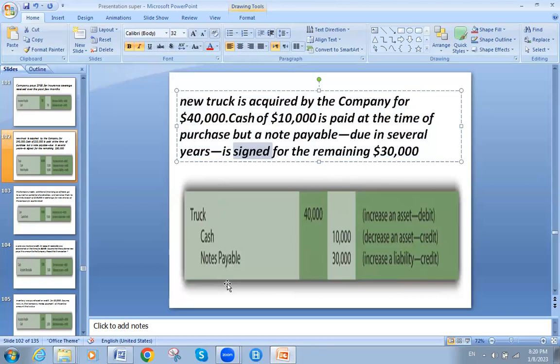Sign means wrote checks, wrote a bill of exchange, wrote promissory notes. That's fine. So we bought a truck here, the company which you are recording the transactions for now. This company bought a truck. The truck is 40,000. Perfect.